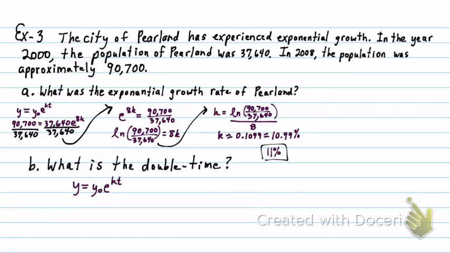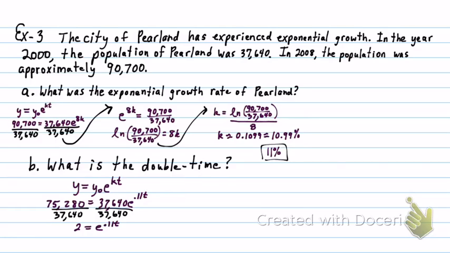Let's go ahead and plug in y naught, which is 37,640, and y needs to be double that, which is 75,280. So the main thing is finding the number that's twice 37,640. So now when we divide each side by 37,640, we get 2 is equal to e to the 0.11t power.